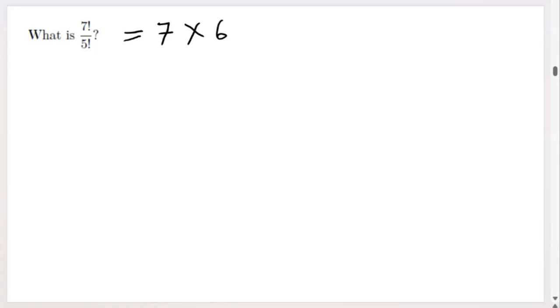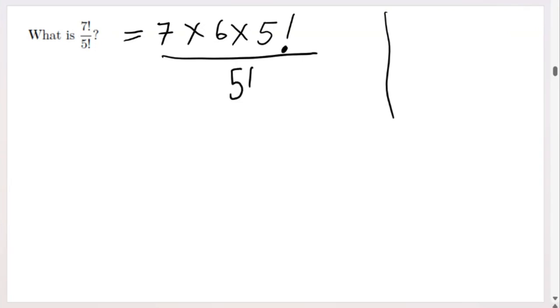You've got 5 factorial. It means for 7 factorial, you can still go further down. So you can still multiply this by 5 factorial. I am stopping at 5 factorial because I can see there is something that I can cancel with at the bottom. So that's why I am stopping here.